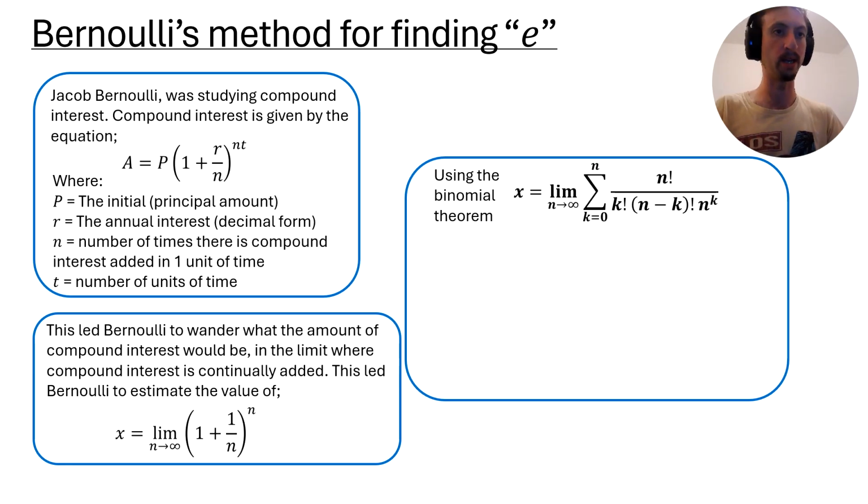So the binomial theorem, when applied to our expression in brackets raised to the power n, looks something like this. Now, I'm not going to go into detail about how the bit in brackets to the power n reduces to the sum of n factorial over k factorial times (n minus k) factorial, times (1 over n) to the k. That's because going into the detail would require a video on binomial series, and I don't want to go too far off track.